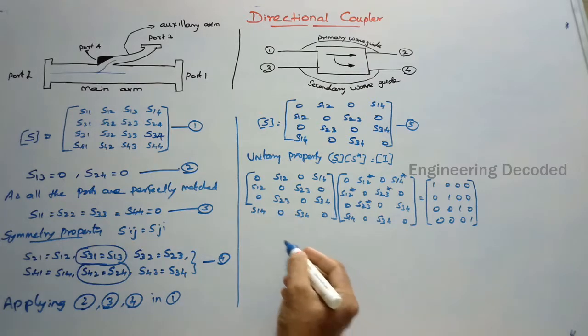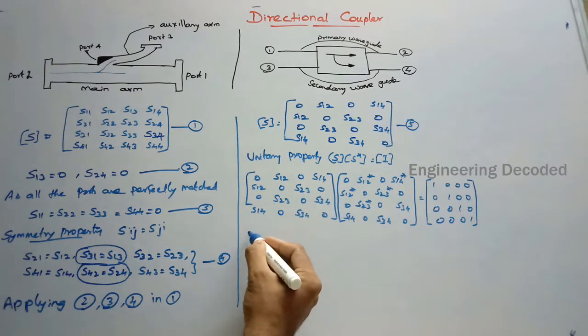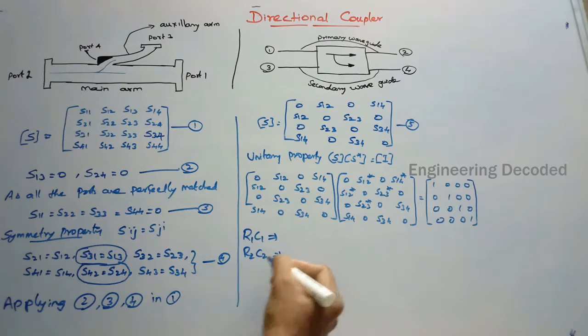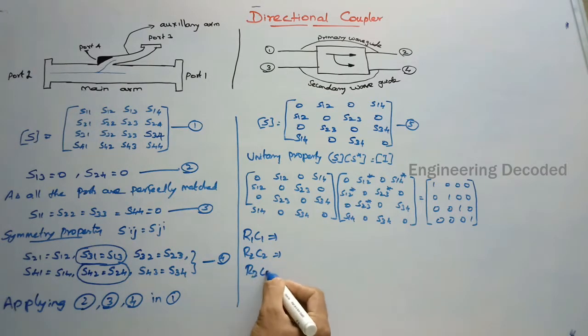Now to find the unknowns we can find out what is R1C1, what is R2C2, what is R3C3, what is R4C4, and in addition to this we can find out what is R1C3.